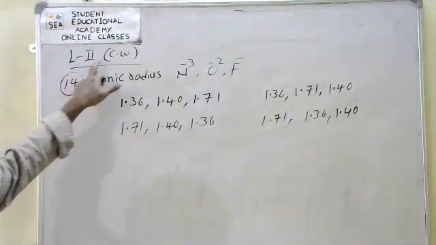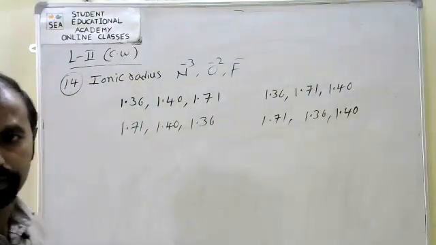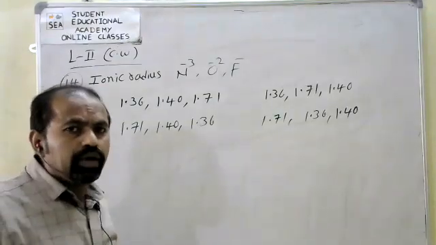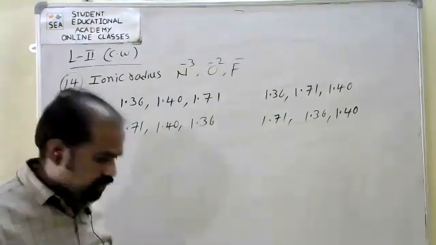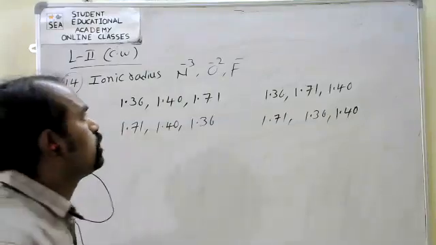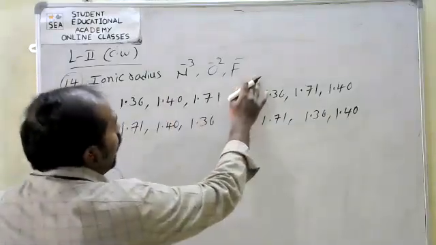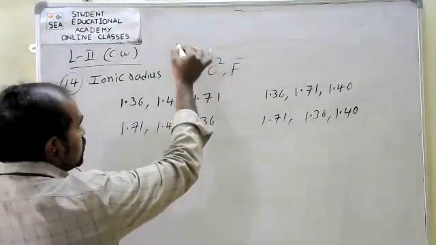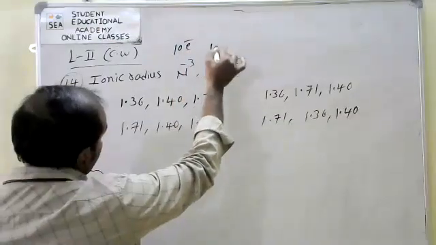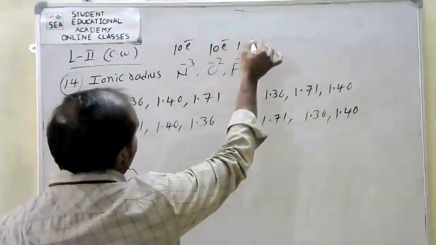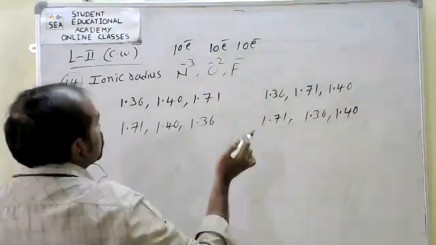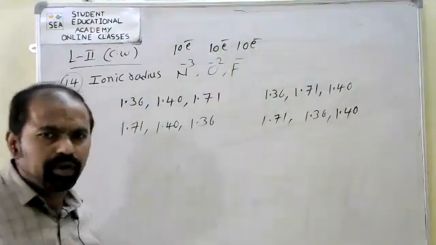Periodic table, level 2, class 1, 14th problem. Option 3 is correct. Very good. See how to say that? Very simple. These are all isoelectronic species, 10 electrons each. Isoelectronic species means the same number of electrons.